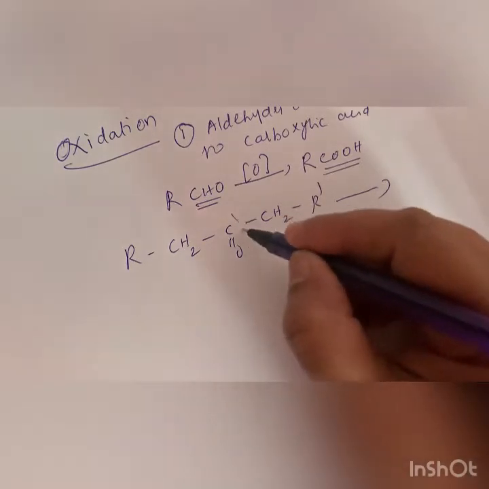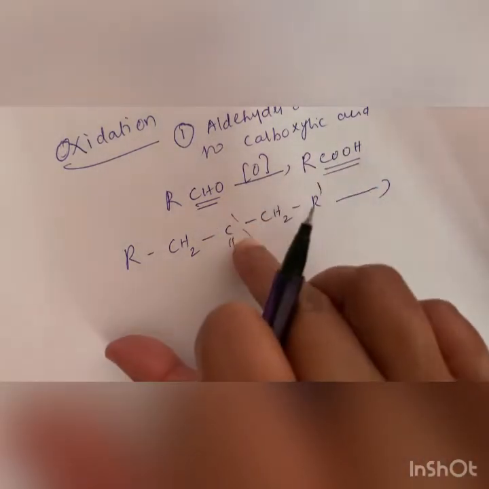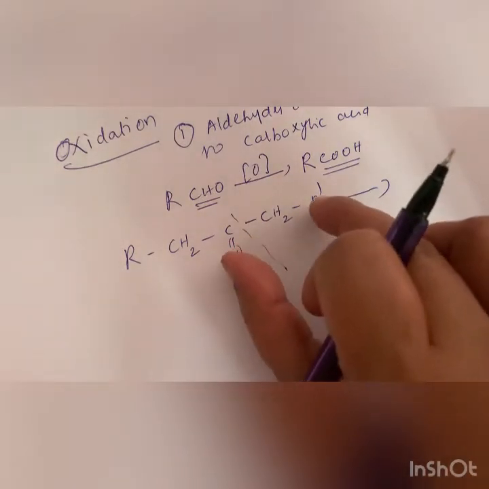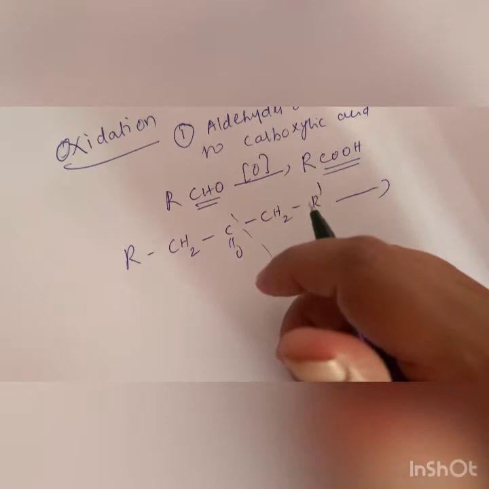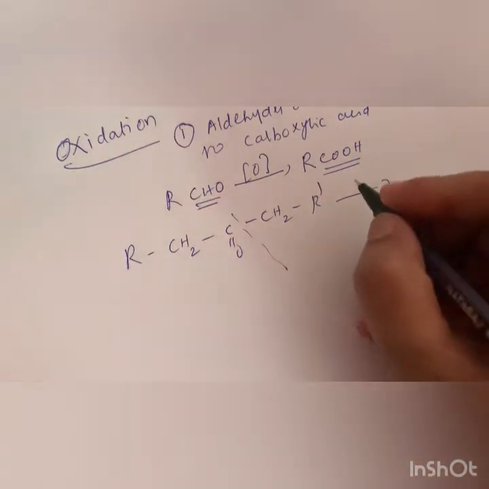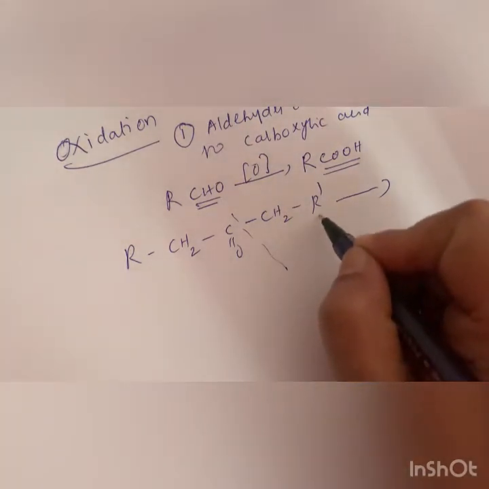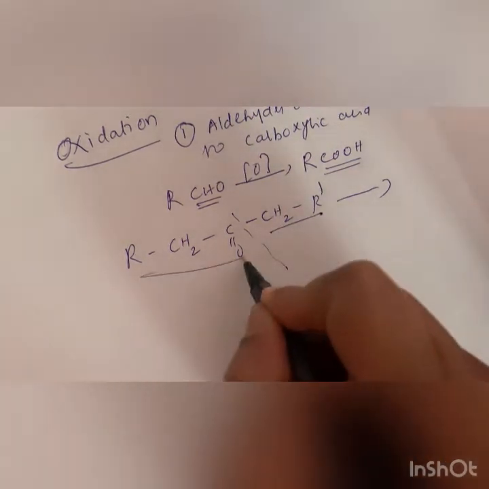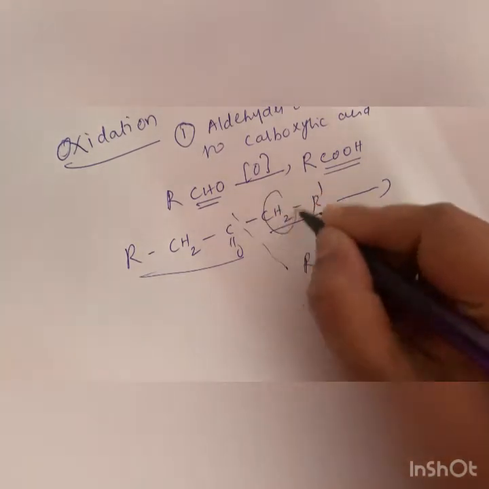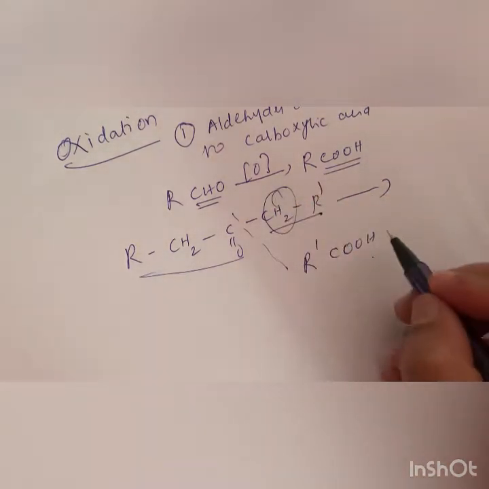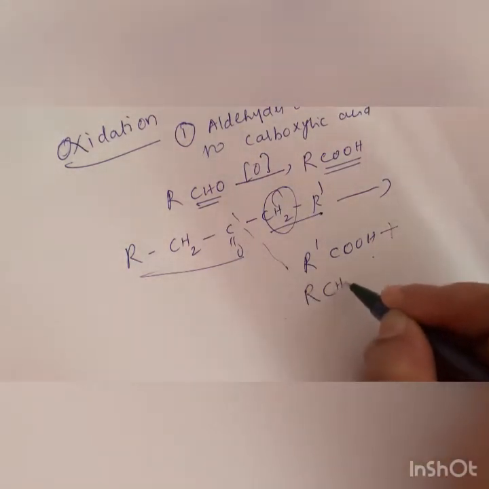They will undergo cleavage of the bond. This compound will break and you will get two pieces, one acid like this, one acid like that. So they will use a very strong oxidizing agent like acidified potassium permanganate. Then here you get RCOOH and R'COOH, where CH2 is oxidized to COOH, plus the other piece, RCH2COOH.